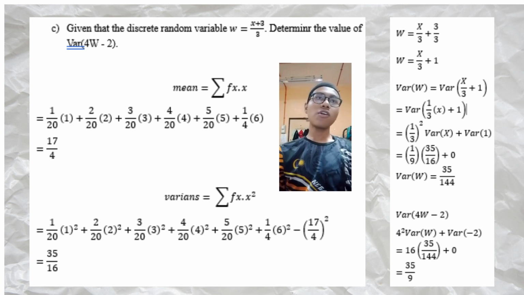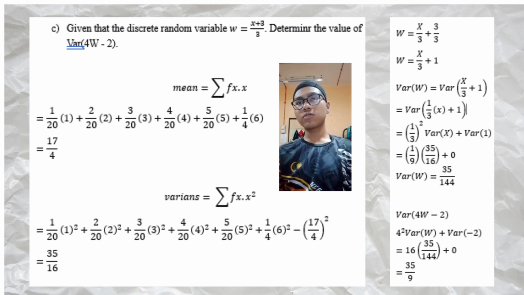So to determine the value of variance for W minus 2, we need to take out the 4 from the variance. So 4 becomes 4 square. What is left in the variance is variance W minus 2.